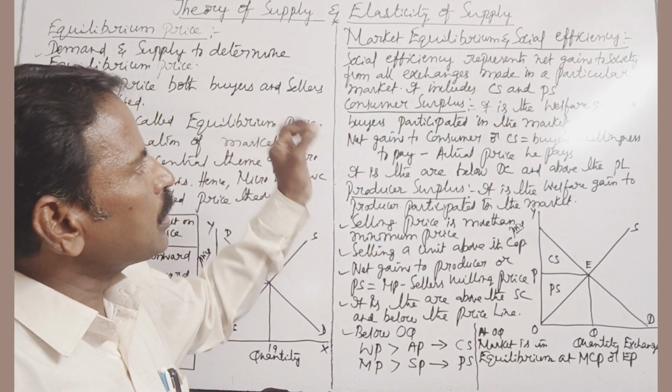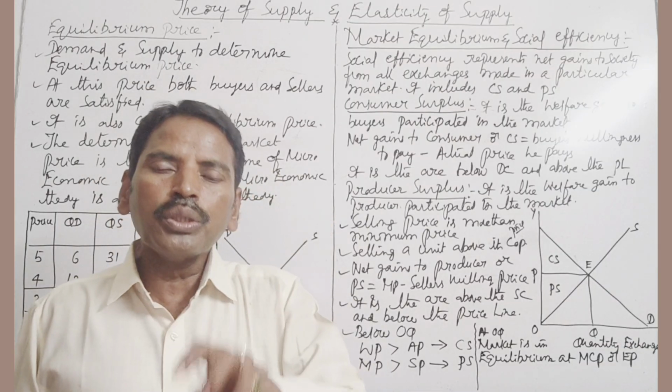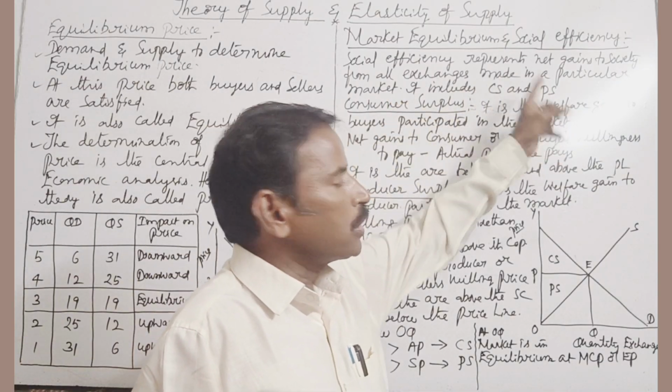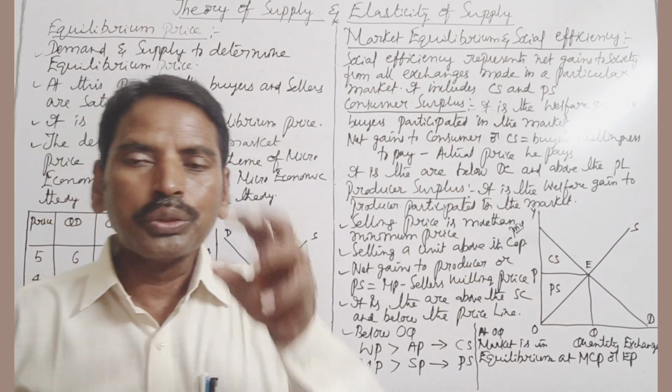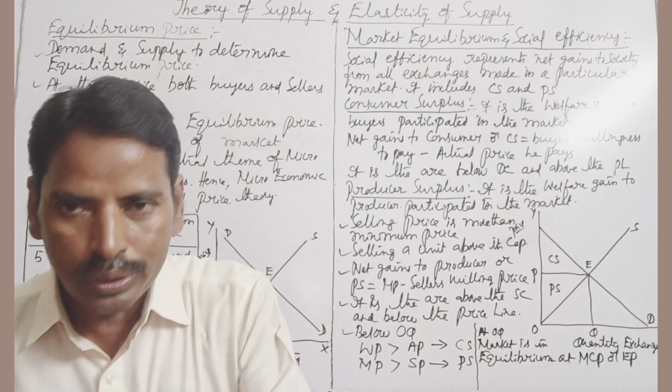In social efficiency, there are two components: one is consumer surplus, and the other is producer surplus.